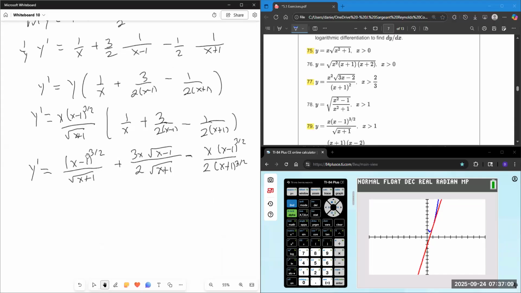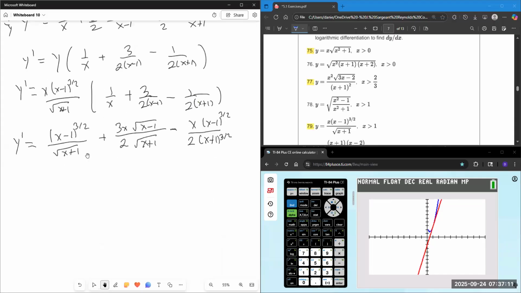It's not really a lot simpler, but I need to multiply here by x plus 1 over x plus 1 for sure. And here by x plus 1 over x plus 1 for sure.